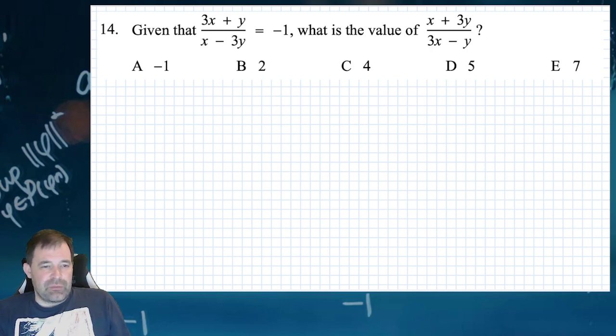Right, back to some algebra. Given that (3x + y)/(x - 3y) is -1, what is the value of that?